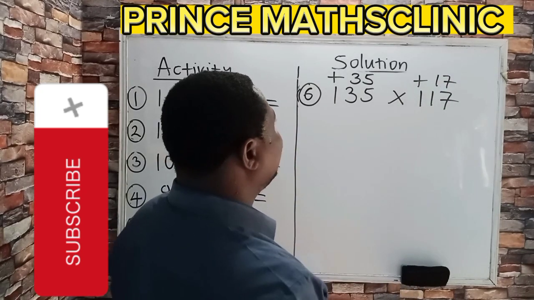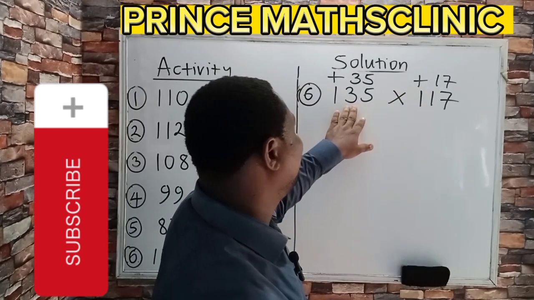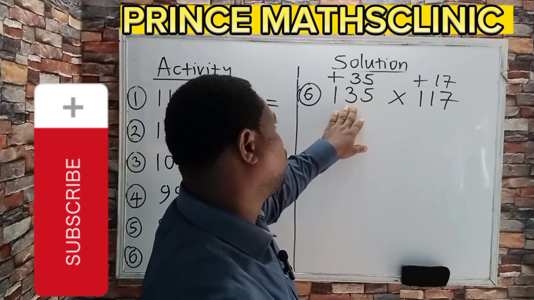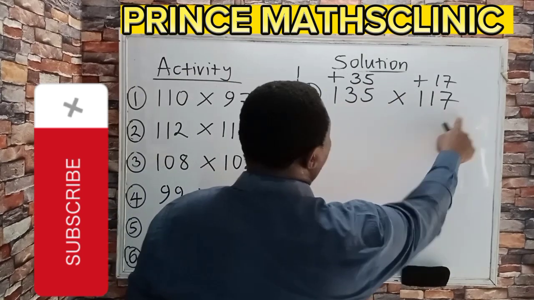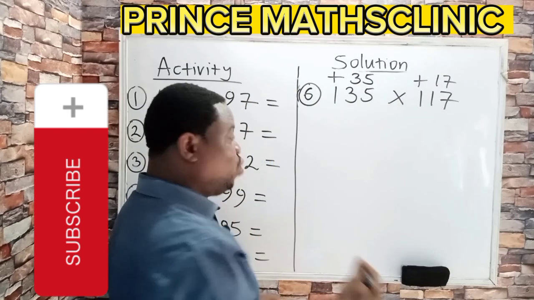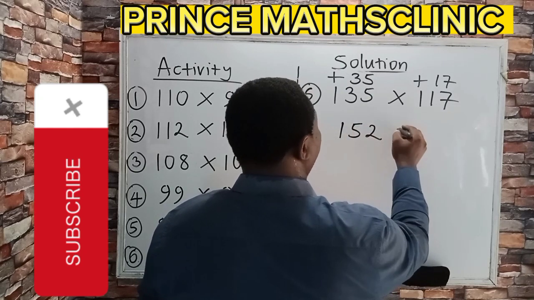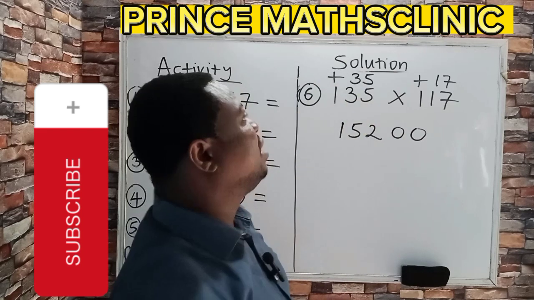So if you add 17 to 135, you are going to get 152. Right? And if you add 35 to 117, you still get 152. So you are going to write 152, then add 2 zeros because it's in the realms of 100.